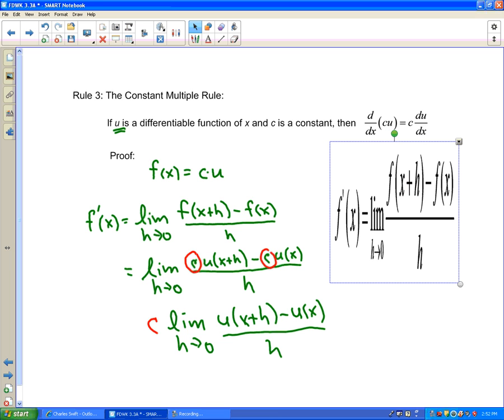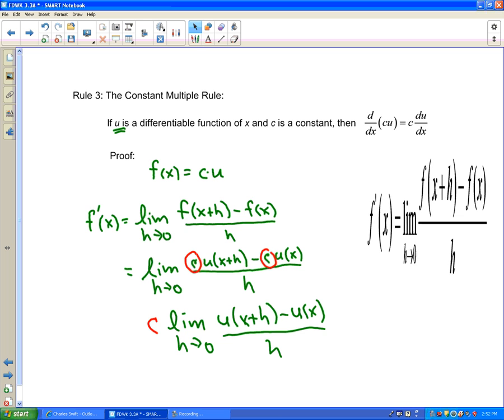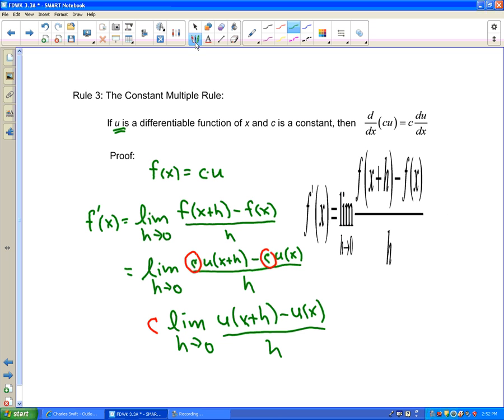We have f of x plus h and f of x, which matches with the u of x plus h and u of x, matching h. This is equal to the derivative of f, because f was our function. That means that this expression is equivalent to the derivative of u.